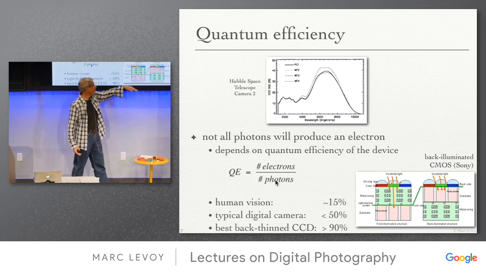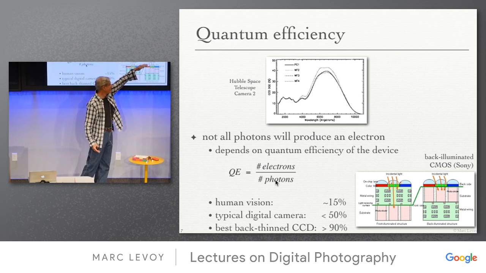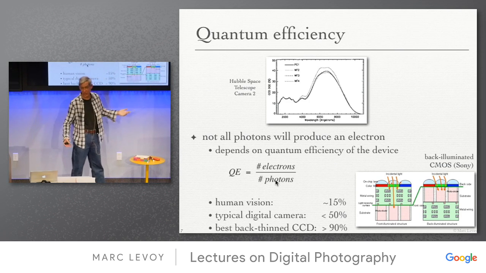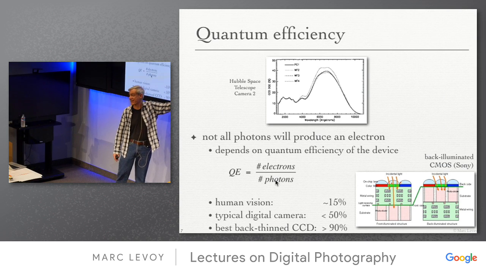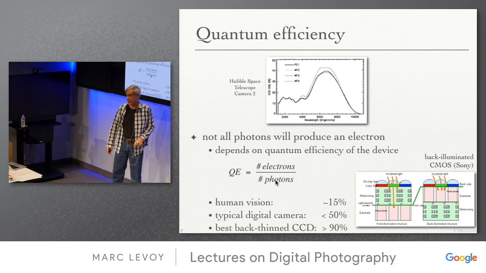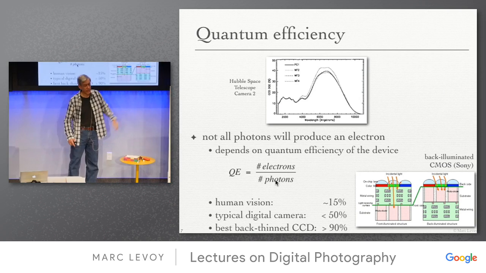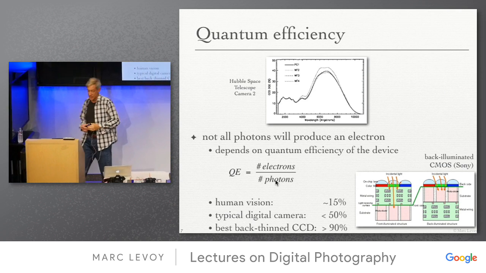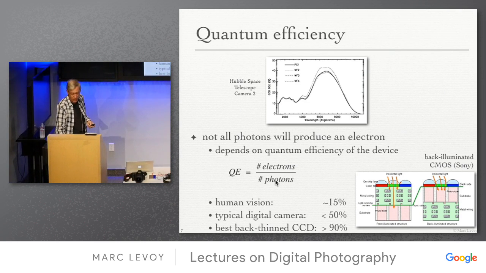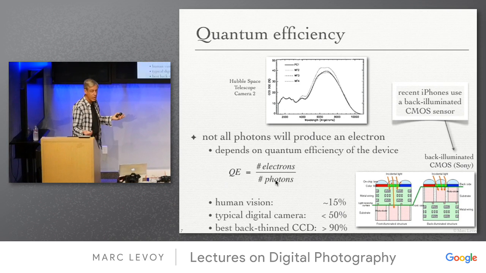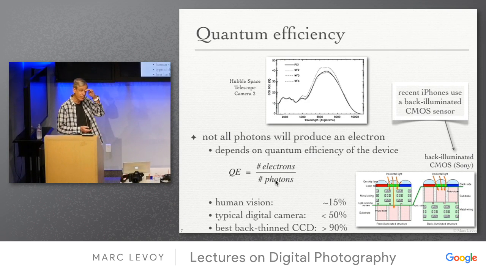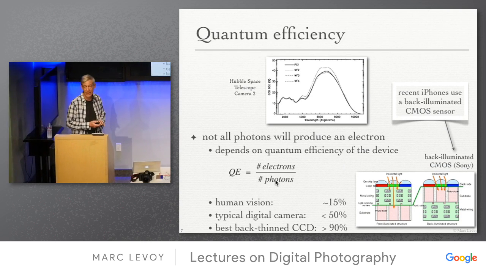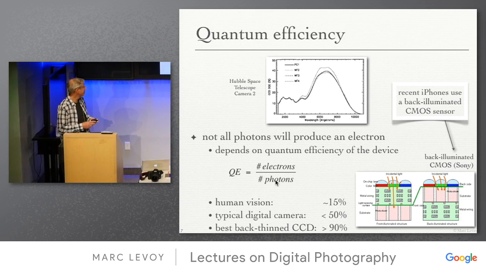So you have to glue it to something else and then grind away, essentially polish away the silicon until it's thin enough that the light can come in the back. And then it doesn't have to go through the metal layers. I'll talk about the color filter array and the micro lenses a little bit later. At this point, a lot of sensors are back-thinned, cell phone sensors especially. All recent iPhones are back illuminated, called BSI.